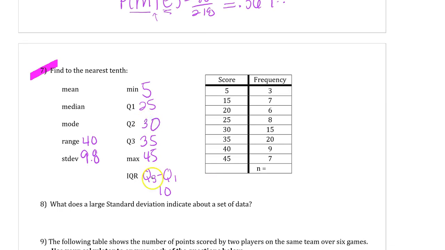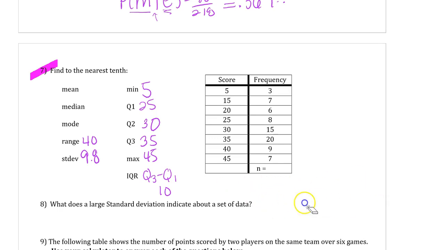Now the thing about IQR, it gives you an idea of the spread of the data. If I were to do a box and whisker plot, and I had an IQR, which represents this box because it's Q1 versus Q3, and it's rather large, that would tell me my data is rather spread, pretty far apart, because 50% of my data would have a pretty wide range here.